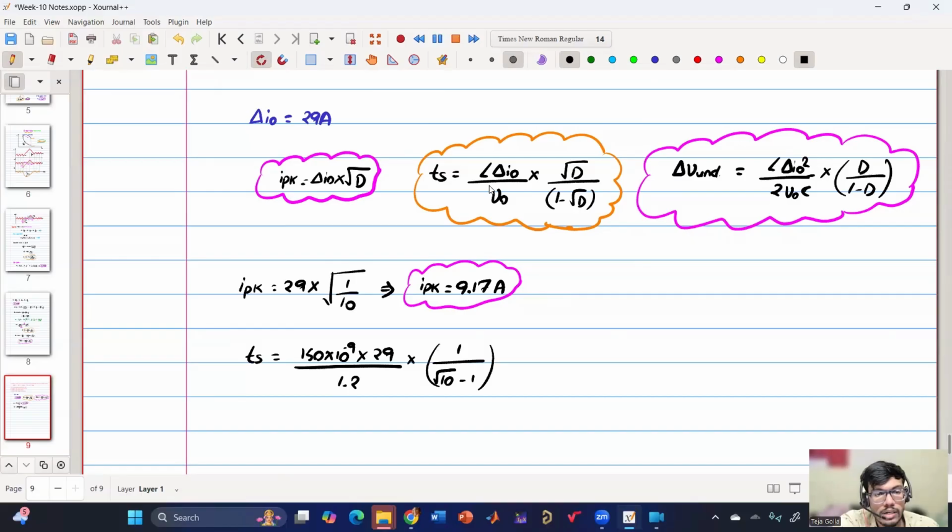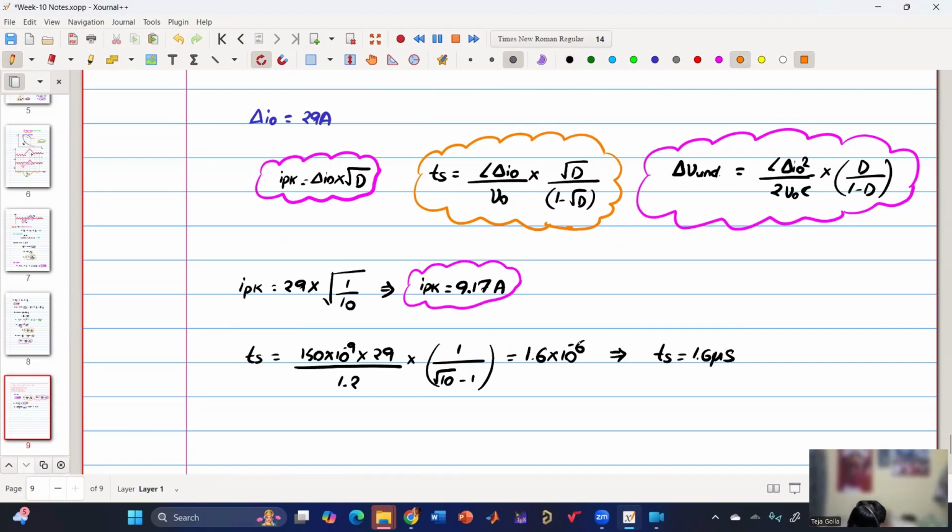So I think Riddhi is saying 1.6 milli. Let me calculate. So it is 150 into 10 to the power minus 9 into 29 by 1.2 into root 10 minus 1. So it is coming 1.6 micro, right? Not really milli, 1.6 into 10 to the power minus 6. So I'm getting my settling time is 1.6 microseconds.